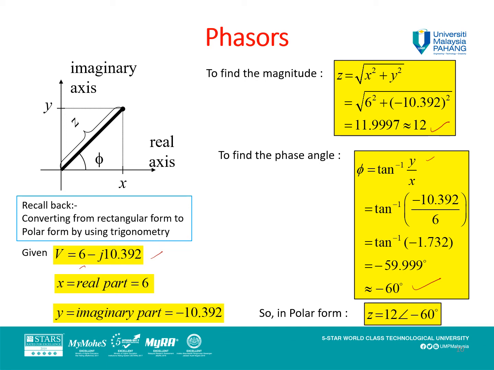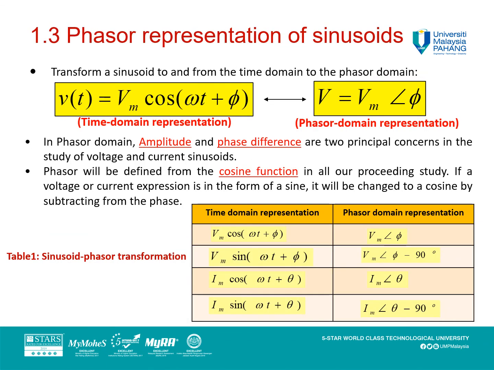This is just a view of how to get another form, another way to find the phasor. Actually, when you do the conversion from time domain to phasor domain, you have the time domain equation v(t) equals Vm cos(omega t plus phi), and you convert to phasor by only writing the magnitude Vm and the phase angle.